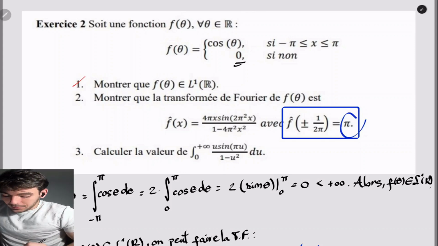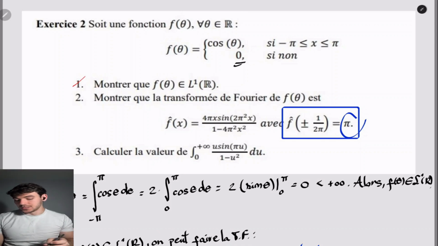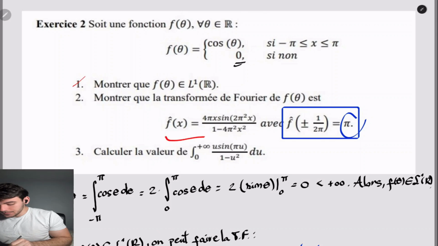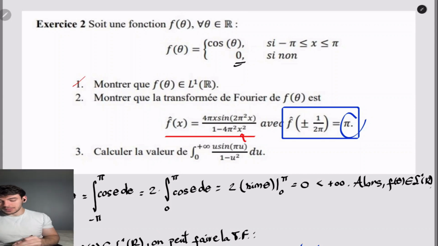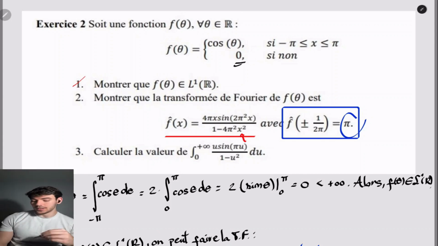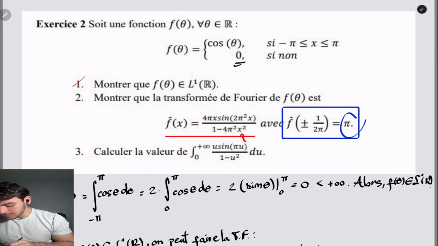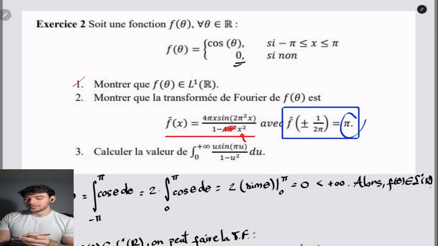So you may be asking yourself why the question is asking this. So if you analyze what you've just found, if you substitute those points in x, x squared will be 1 divided by 2 pi squared. That's 1 divided by 4 pi squared. So it will cut out with this 4 pi squared here. So you'll have 1 minus 1, that's 0.